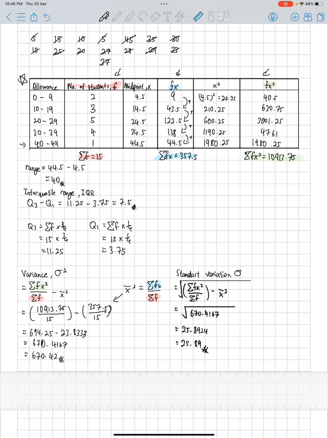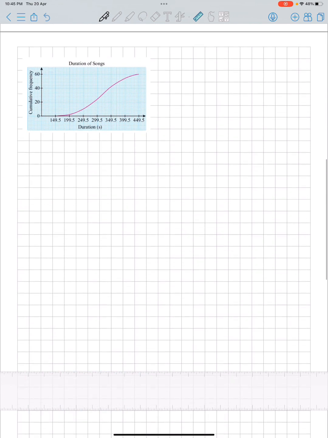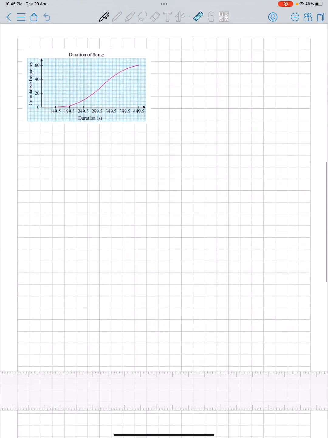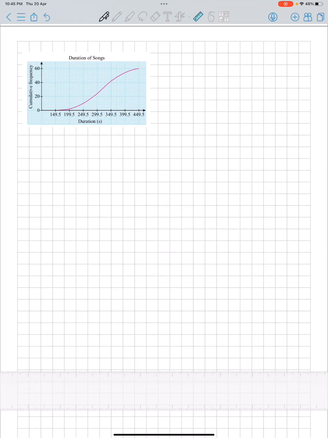Next, we'll go to how to draw a box plot. So for the box plot, I have a graph here, an ogive, and let's do the box plot. So we will first find quartile 1. The maximum total number is 60.